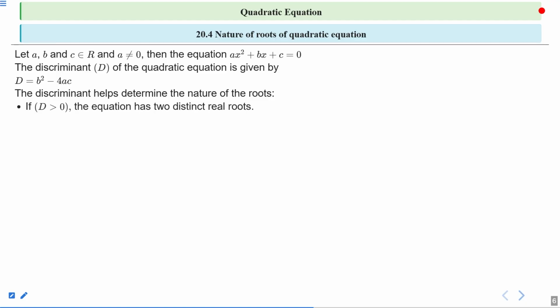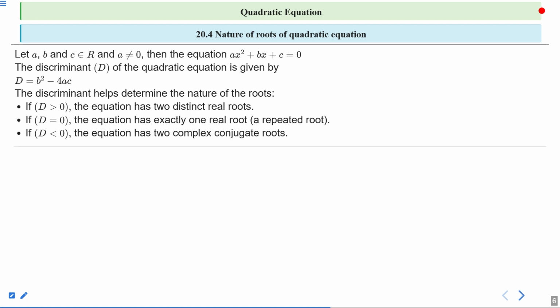The first condition is if D is greater than 0, the equation has two distinct real roots. If D is equal to 0, then the equation has exactly one real root, a repeated root. Next one is if D is less than 0, the equation has two complex conjugate roots.